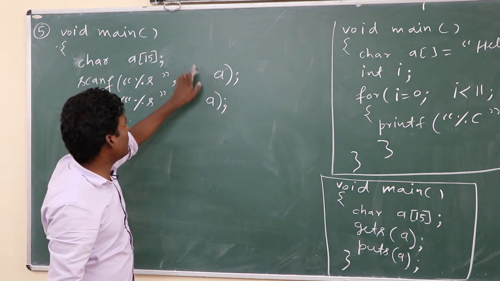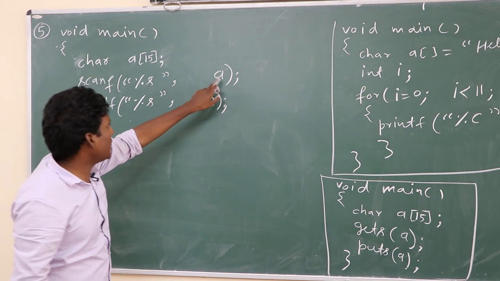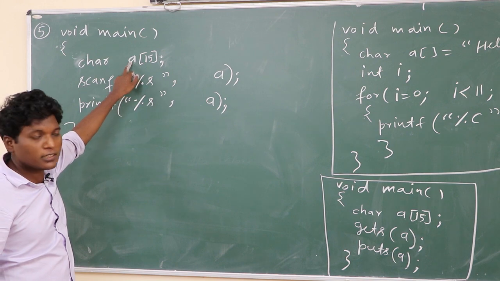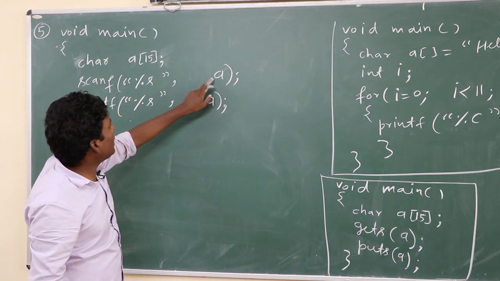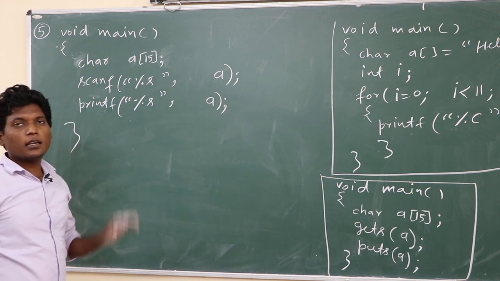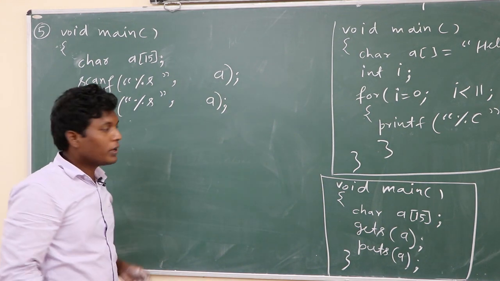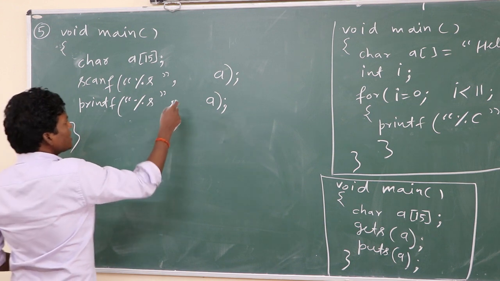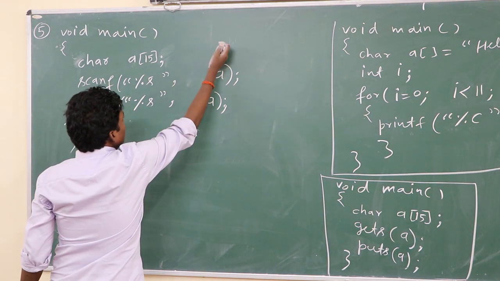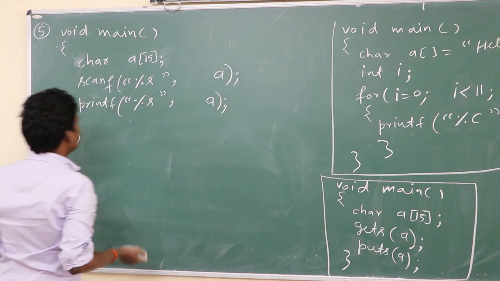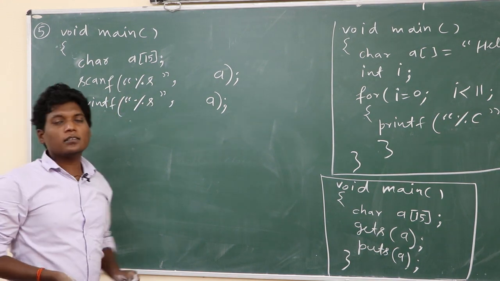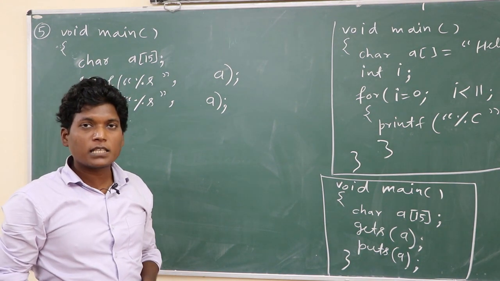Here there is no need of &. When you write the array name, array of characters, that is the string, there is no need of & in scanf, because the array name already provides the base address. But there is a limitation of the scanf function.